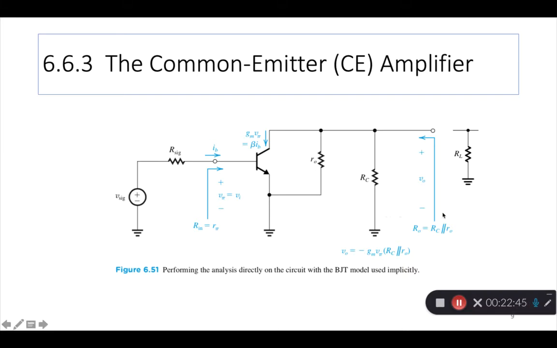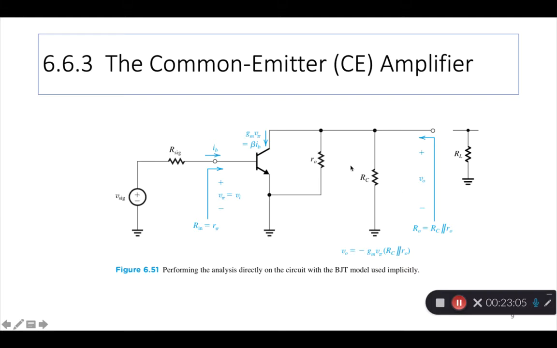So I'll leave you to do that, but I wanted to show you that when we are analyzing these amplifier circuits, the three characteristics, the input resistance, the output resistance, and the gain, are what we are focused on.